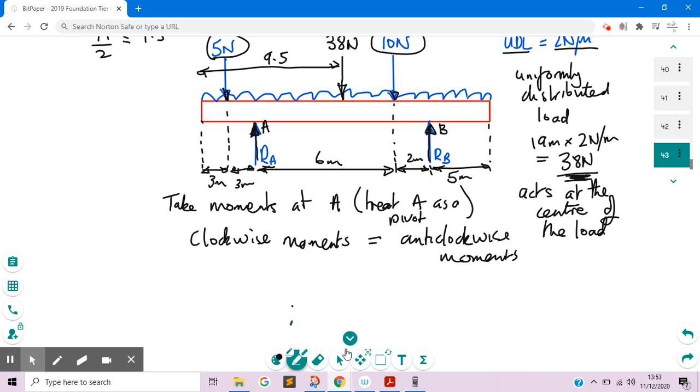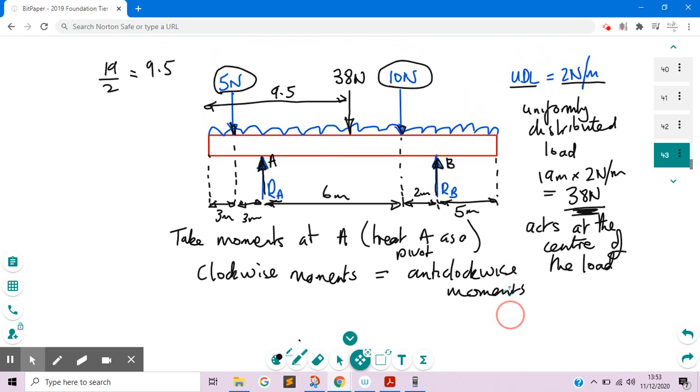So we need to look at our beam and look at everything that's going to turn it in a clockwise direction about this point. So we can see it's the 38 newtons and the 10 newtons. So a moment is given by force times distance from the pivot.